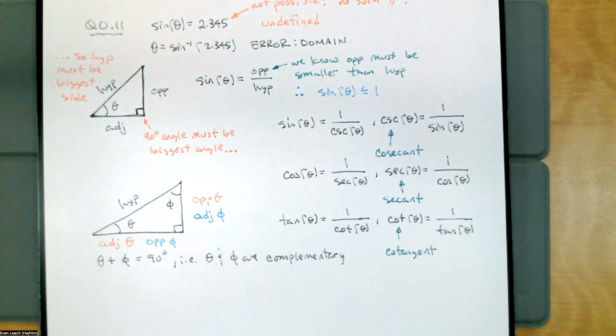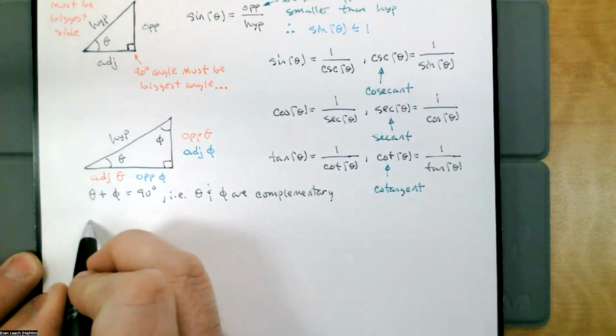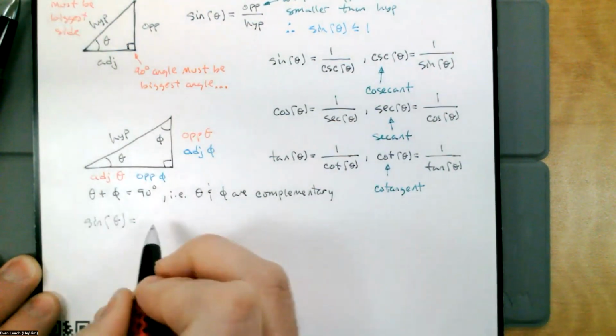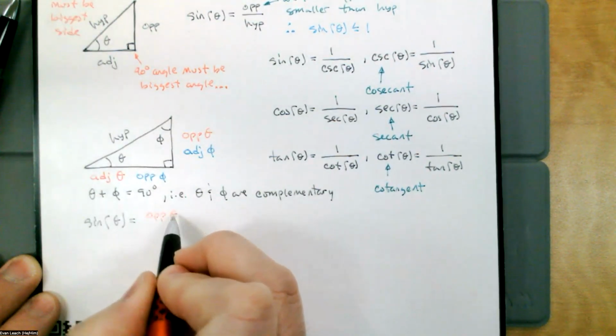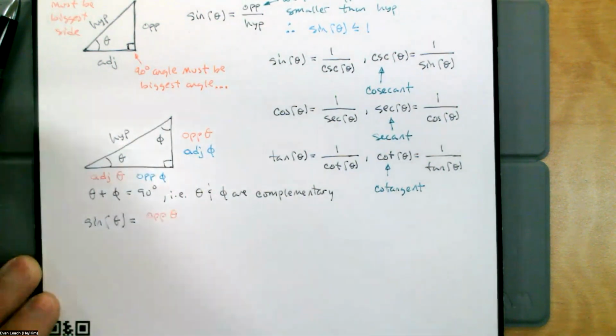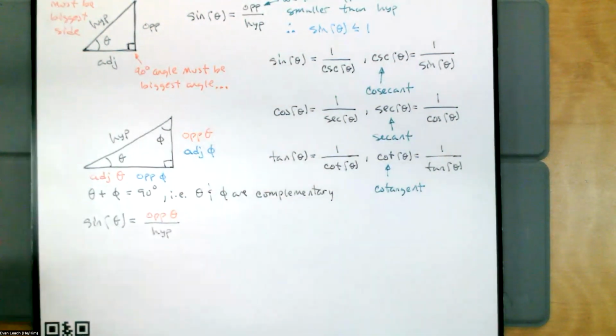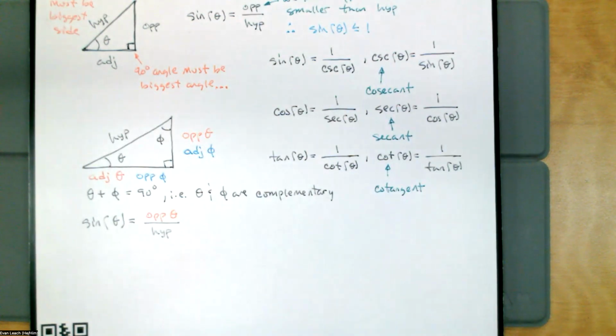So if I start looking at my trig ratios, if I set up the sine of theta, I take the opposite of theta and divide by the hypotenuse. Note that I wanted to be specific about which opposite. That vertical is opposite theta, the horizontal one is opposite phi. So I want to make sure I label that as opposite theta. But opposite theta is the same as adjacent to phi.